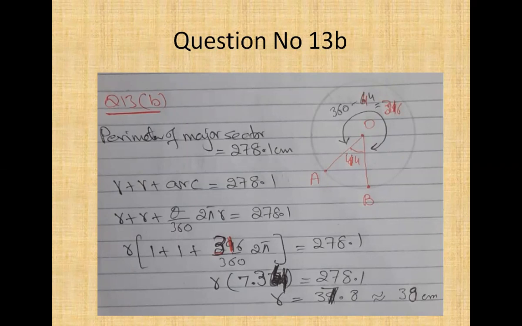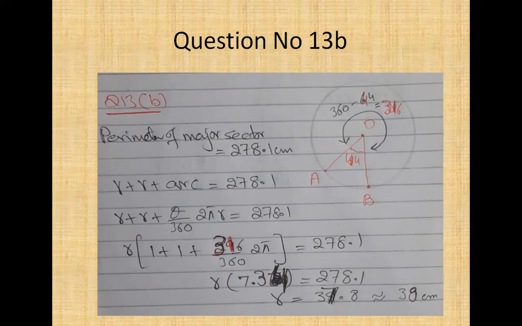So when you take r common, you will have 1 plus 316 divided by 360 multiplied 2 pi bracket close, and that is equal to 278.1. When you enter in your calculator 1 plus 316 divided by 360 times 2 pi, you get 7.34. So radius multiplied with 7.34 is equal to 278.1.